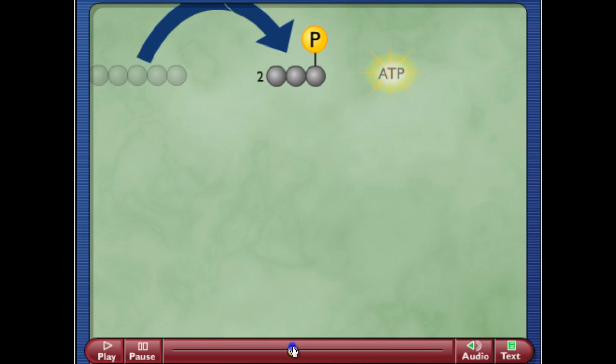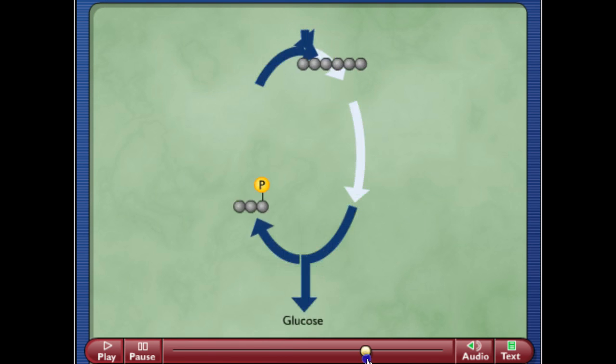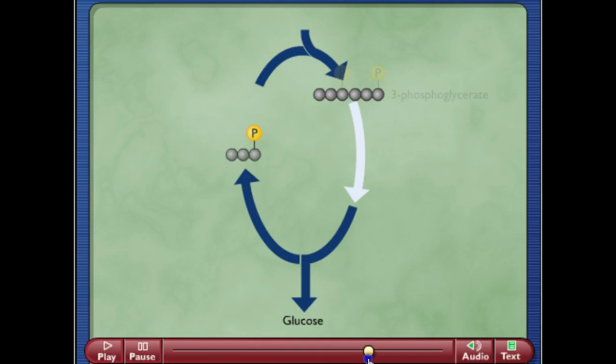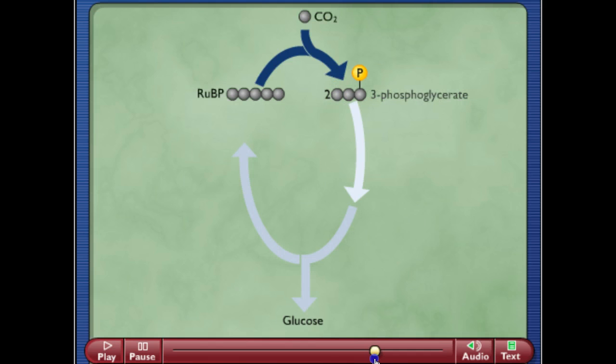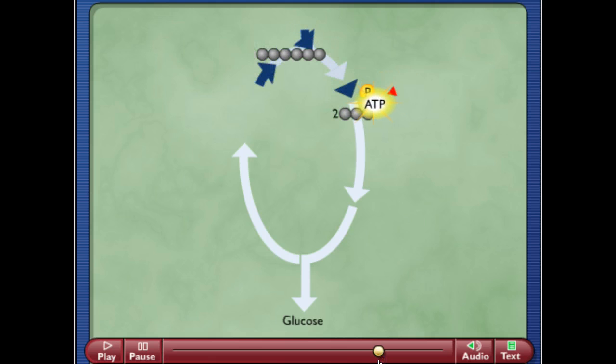Those then are combined with ATP and NADPH to form 2 G3Ps or glyceraldehyde 3-phosphates. Some of those go to form glucose while others reform the RUBP molecule. So there's a general idea of what's going on now in the Calvin cycle.